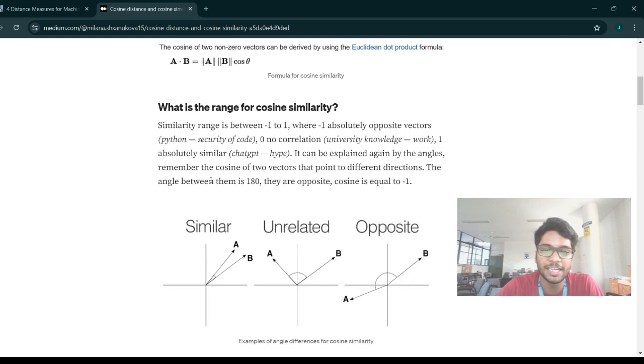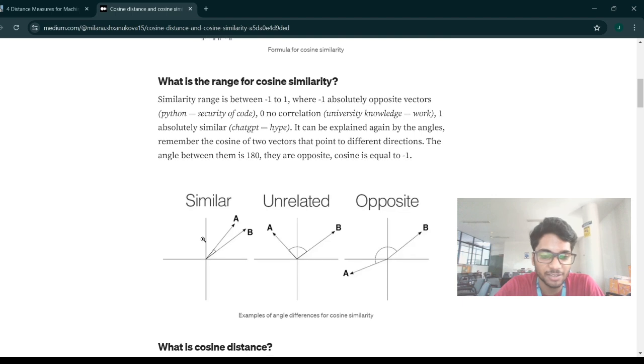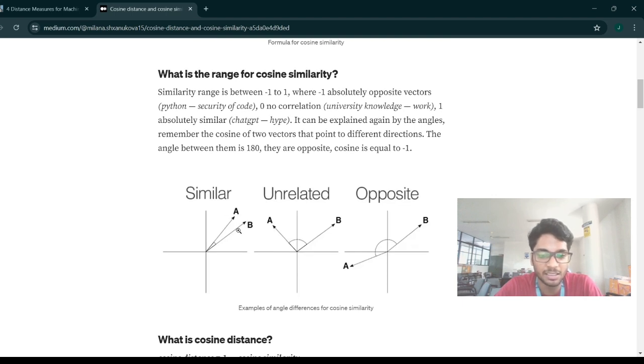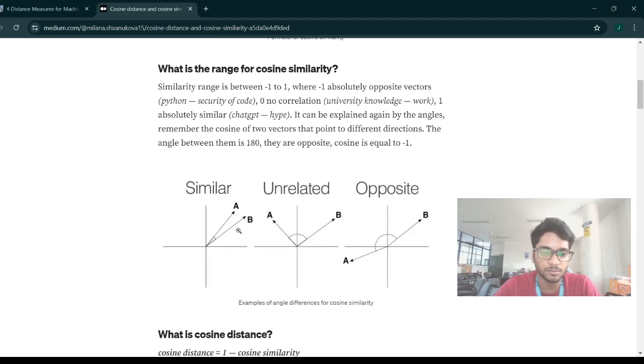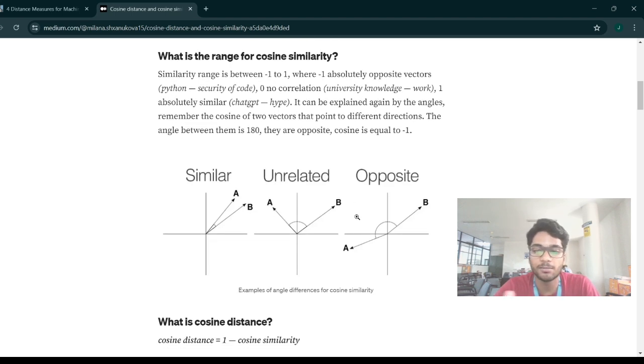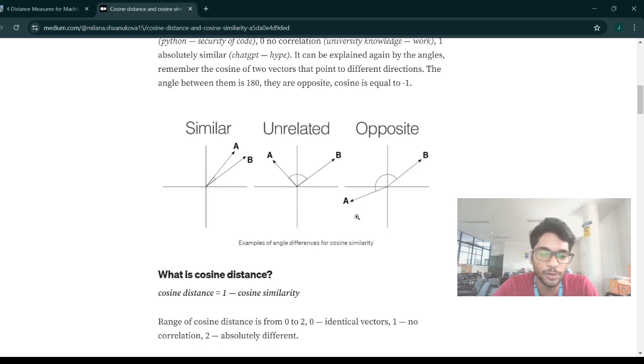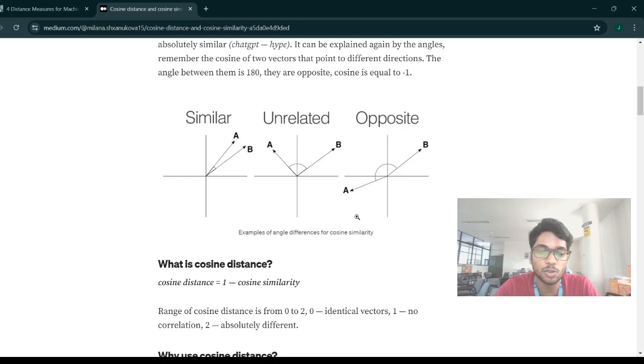There are mainly three types: similar, unrelated, and opposite. As you can see in the graph, similar has a lesser angle between two vectors, unrelated has a wider angle, and opposite has almost a 180-degree angle between the two vectors.